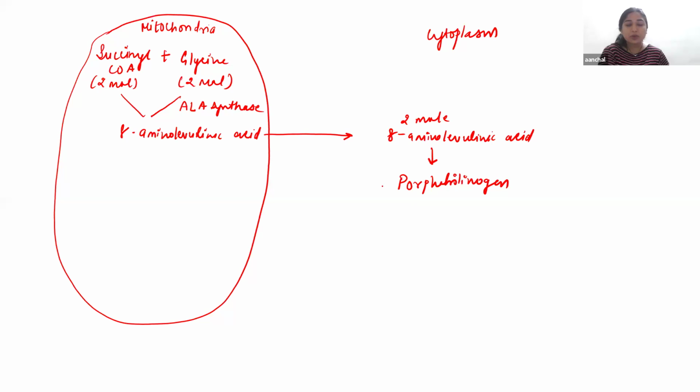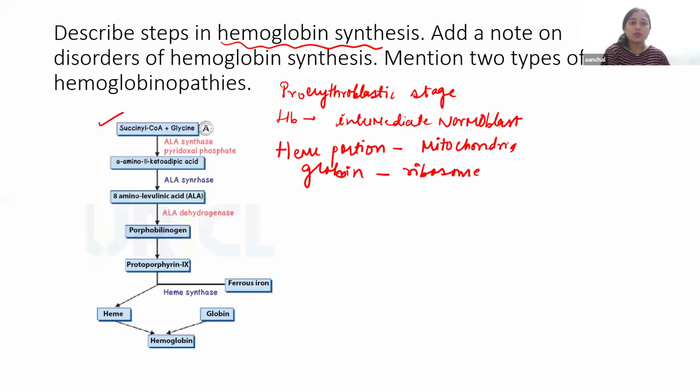Okay, and this product is formed in the presence of an enzyme known as ALA dehydratase. Okay, so this is how it takes place.